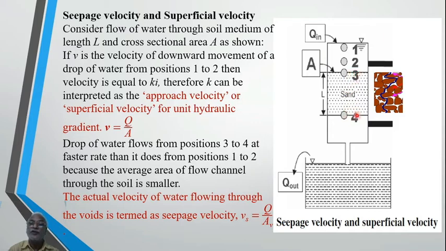That's why from point 3 to point 4 it has a much faster velocity, and the actual velocity of flow through the voids is termed as seepage velocity, Vs, which is discharge divided by Av, that is the area of voids. If we take the full cross-sectional area, then it is the superficial velocity. Actual velocity is seepage velocity. That is the difference. Superficial velocity is what is known as the apparent velocity.